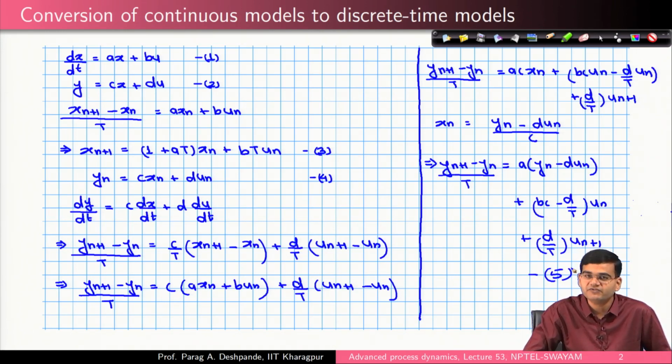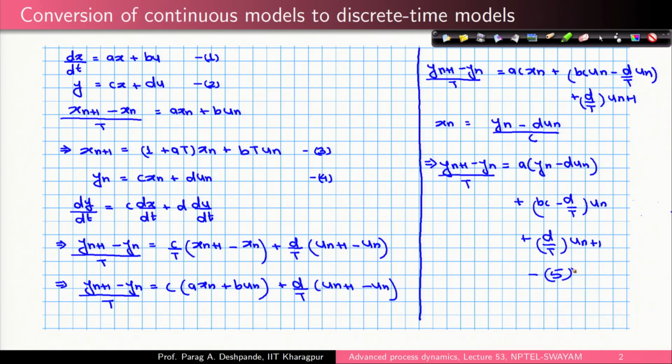So, as we did this analysis previously, you can have u n plus 1 for a ramp function is equal to u n plus a T, or you can have any type of input function. So, u n plus 1 can be determined, and then you can plug in u n plus 1, y n into this function, giving you a single input single output model in discrete time domain, which means you have y of n plus 1 as a function of y n, as a function of u n, and as a function of u n plus 1.